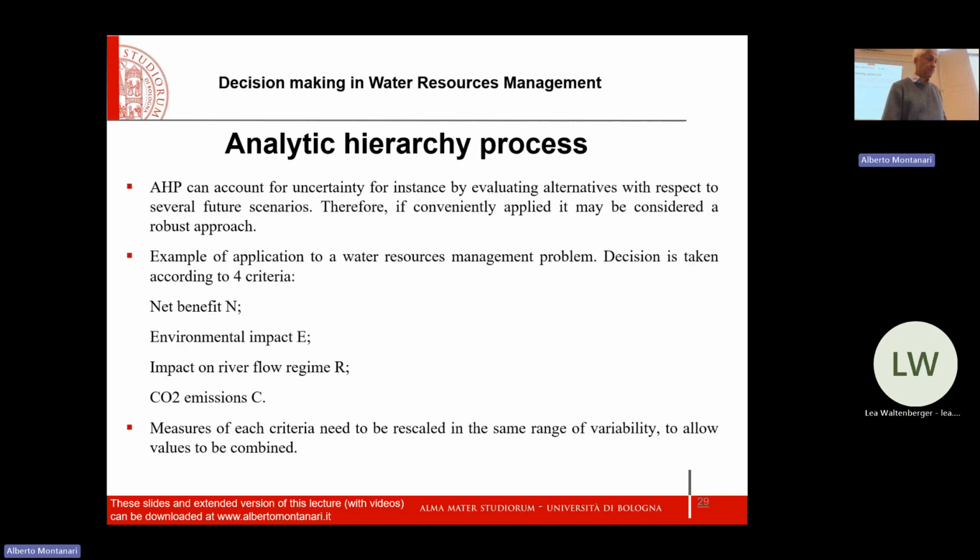The example I refer to is a water resources management problem. It can be easily extended; it is actually a climate adaptation problem. Let's suppose that we have to reach four targets. The net benefit is very often included because resources are always limited.